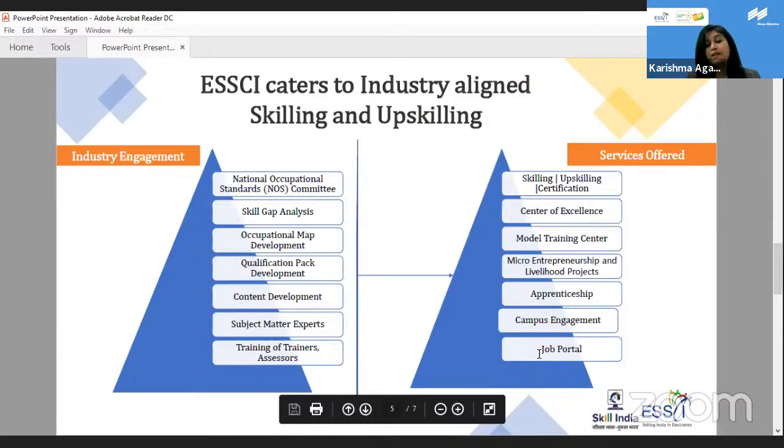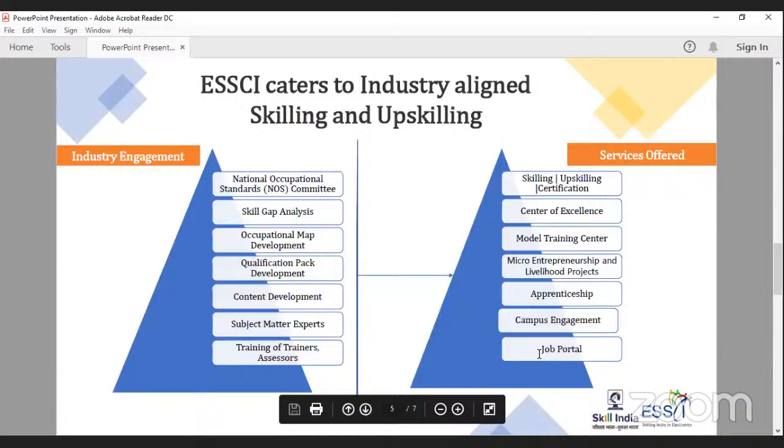These are the business skill India mission. So basically, we are working very closely with the central government as well as the state.